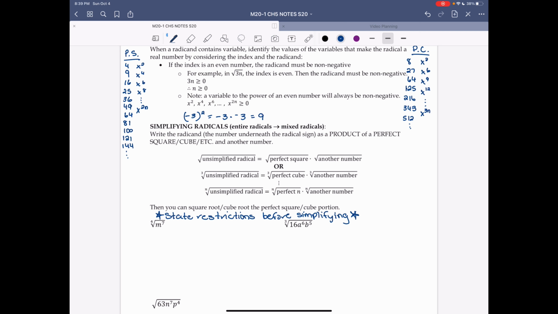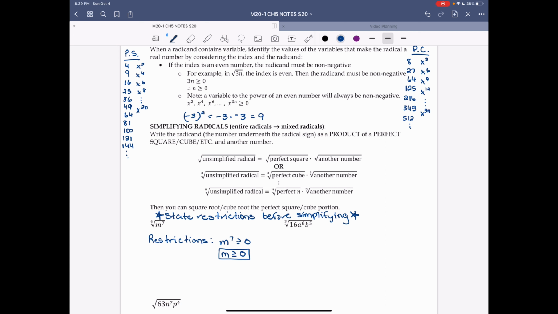If we have an even index, then our radicand must be greater than or equal to 0. M to the 7 has to be greater than or equal to 0. The only way for m to the 7 to be greater than or equal to 0 is if m is greater than or equal to 0. So m has to be greater than or equal to 0 is our restriction.